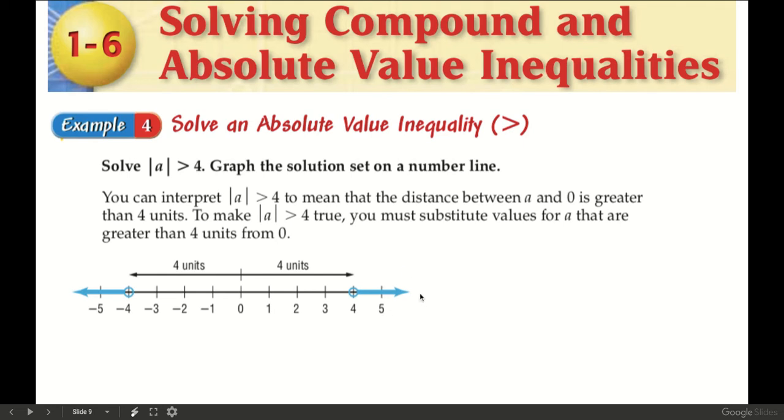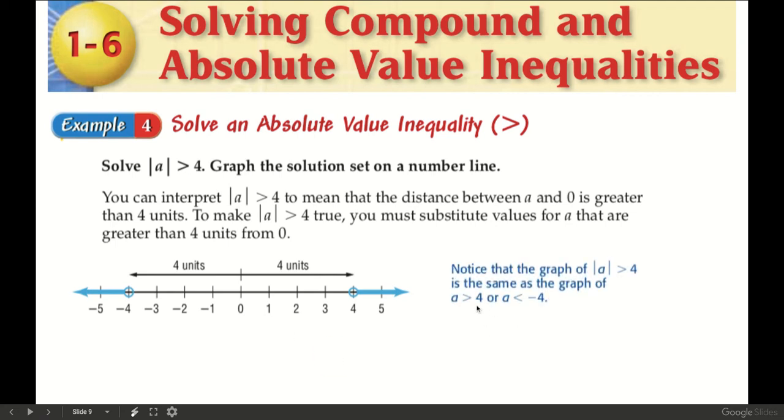So any value greater than 4 will have an absolute value greater than 4. And any value that is less than -4 will also have an absolute value that is greater than 4, right? These will all have distances greater than 4 from 0.